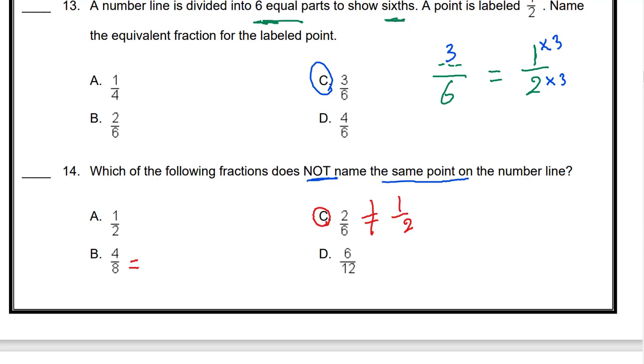Or you can compare 4/8 to one half. So we took one half because it's the simplest form, the fraction that is using the smallest numbers for the numerator and denominator, and we will check if all of them are equal to one half. So 4/8 is equal to one half, and 6/12 is equal or not equal to one half?